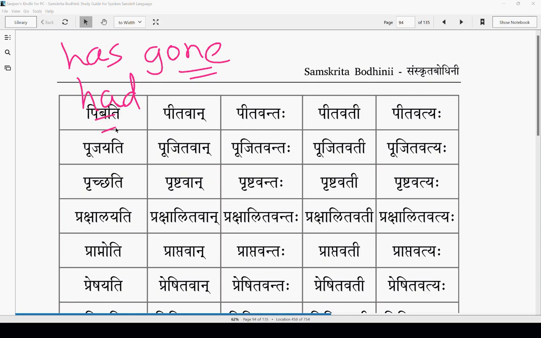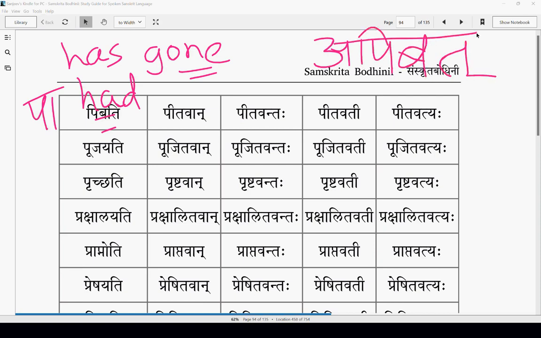Okay, so there is no absolute past here. But if you take the pa dhatu, if you look at the kosha or that list here, the lang lakara is the absolute past, and what we get as past tense is apibat.